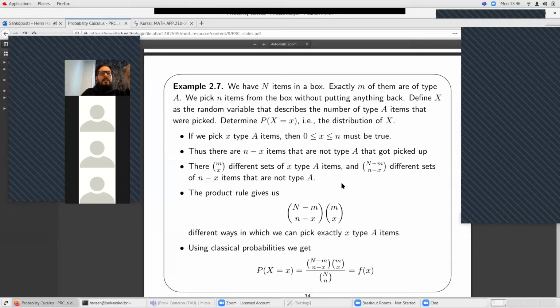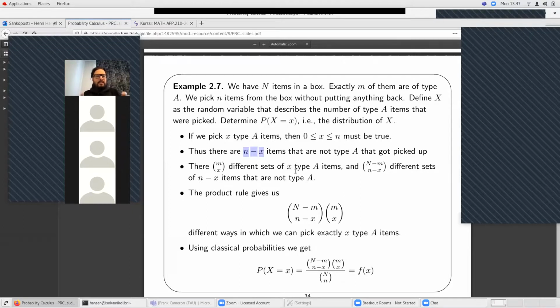So let's say that we picked X items of type A. Remember, we are looking for the probability of our result being actually X. Then we picked at the same time n minus X items that are not of type A. So we picked n items, X of them were type A, so n minus X are not of type A. Now, how many different ways are there of picking X?